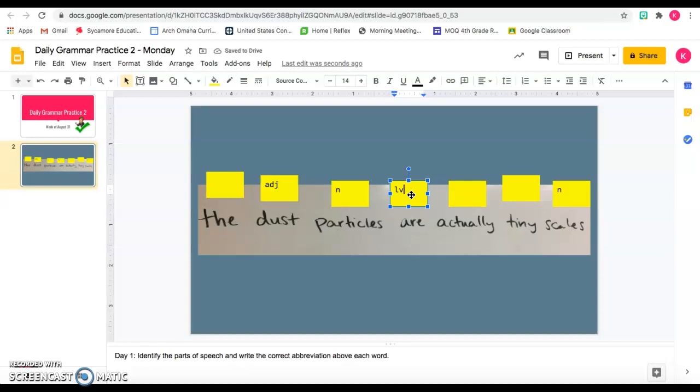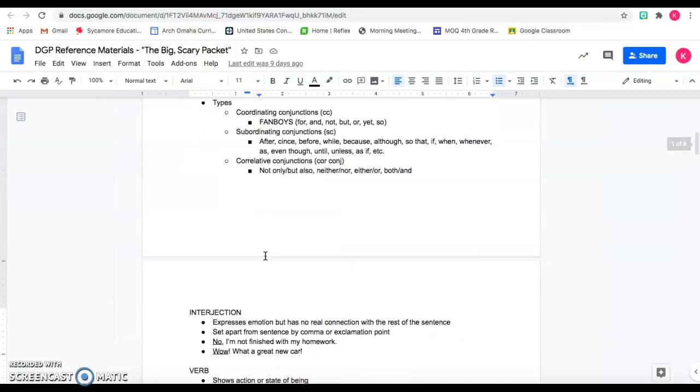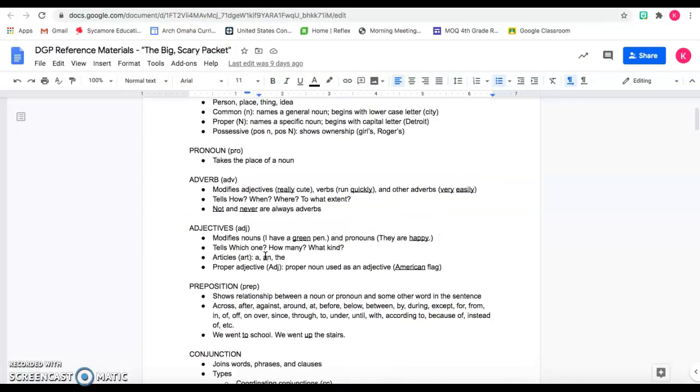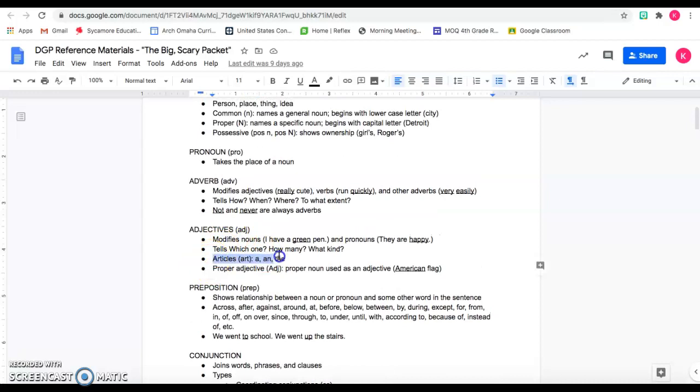Okay, so now we've got a few extra words. Last week, I know at least in class, we had talked about the word a in last week's sentence and how it is an article. And I asked the students to just go ahead and commit to memory right now that there are three articles, a, an, and the.